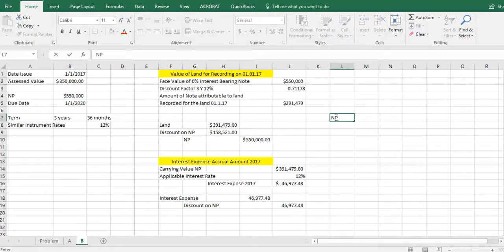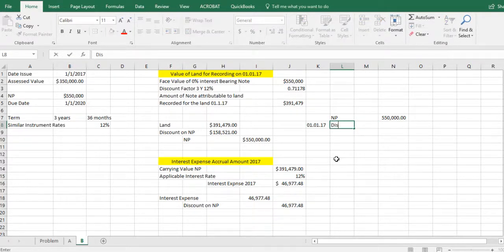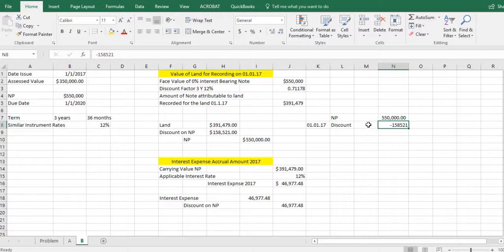So our notes payable account is $550,000. When we portray our notes payable, we are portraying it at carrying value or net book value. So on 01/01/17, we had the discount of negative $158,521, because that's a contra account, so that's why I'm portraying it as a negative amount.